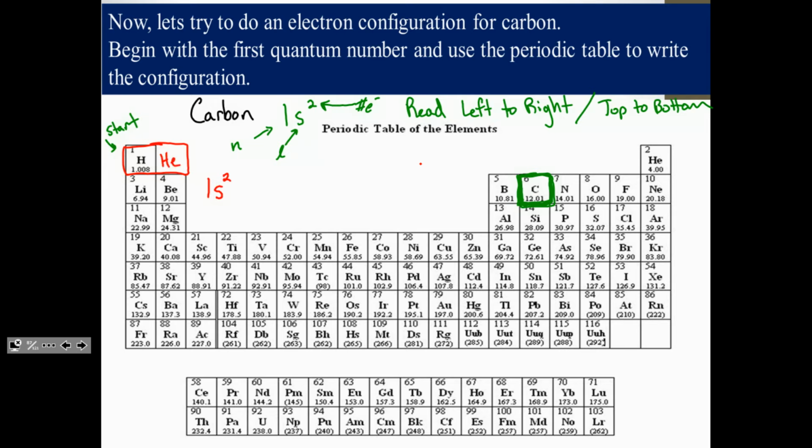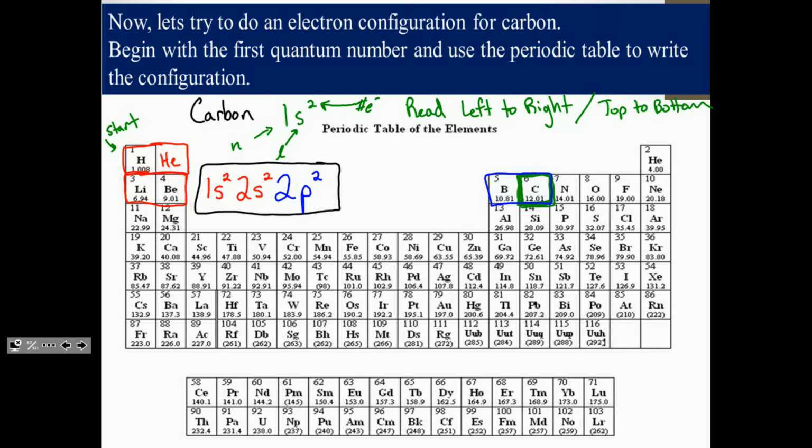If I keep reading like a book, I hit the second row, still in the S block, and there are 2 elements there. Now, when I keep going, I hit the P block, still in the second energy level, and I only want to go to carbon. So I'm going to say 2p, and we get to 2. And this is the final electron configuration for carbon.